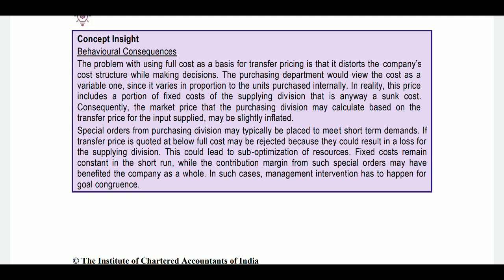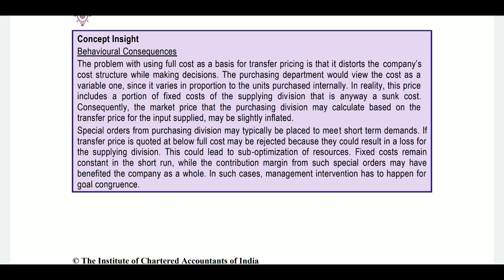If the transfer price is quoted at below full cost, it may be rejected because it could result in a loss for the supplying division. So this leads to sub-optimization of resources. Here, what will happen if you have any special orders from the purchasing division? They have some special orders, for that they have some short-term demand.